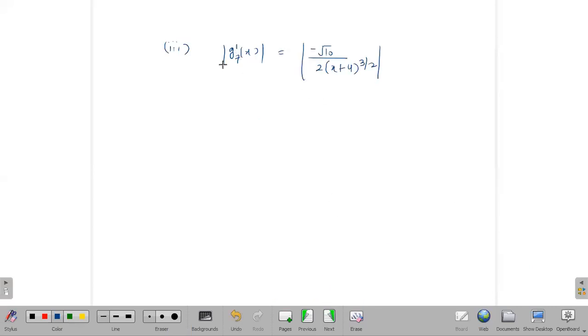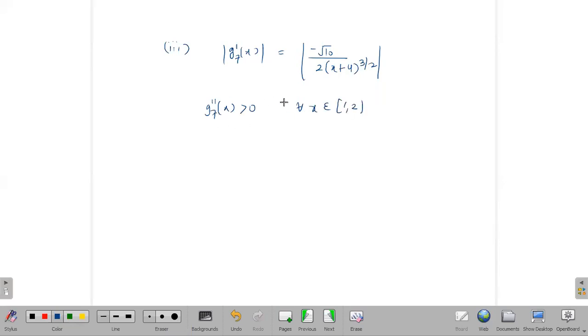If you are not able to see that it is strictly less than 1, you can find the double derivative without mod. If you find the double derivative, it will be positive, because here you can see it is negative, and if you find its derivative, it will be positive for all x belongs to (1, 2).